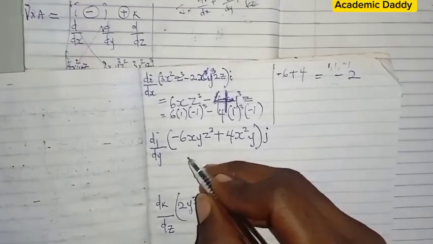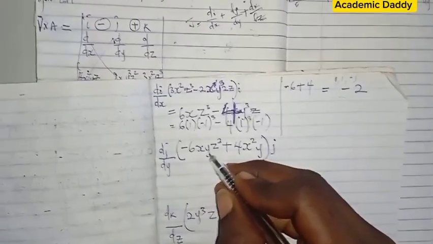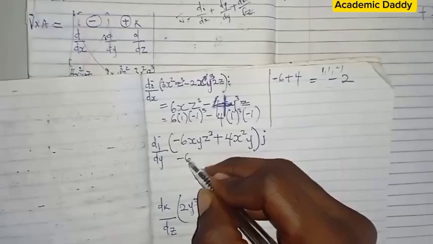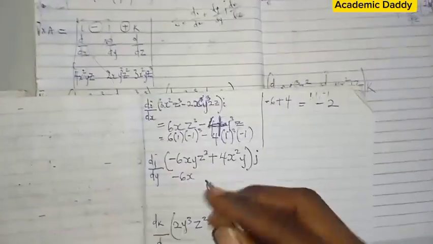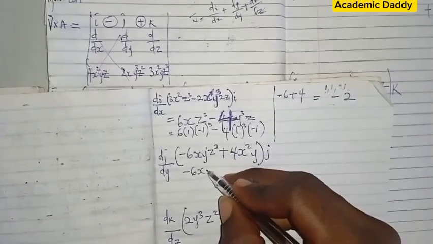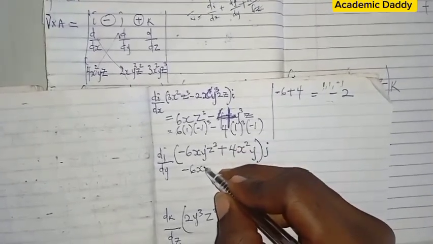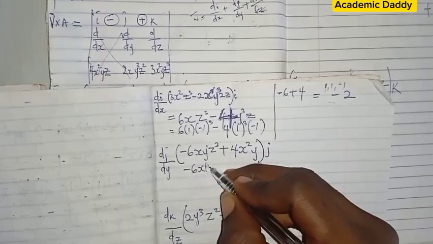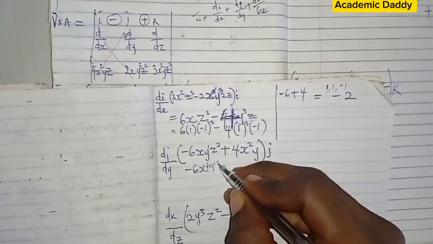Let's do this one with respect to y. So this is going to be minus 6x, y here is 1, so 1 minus 1 is 0. y is going to be 1 times 1 minus 1.